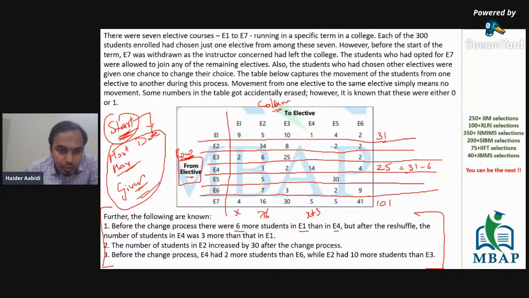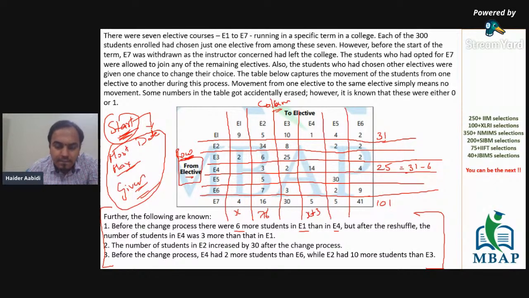So this is where I'm putting the column wise also, so that we are all clear. This is what we're looking at as total. So we are done with the first clue which is given to you here.